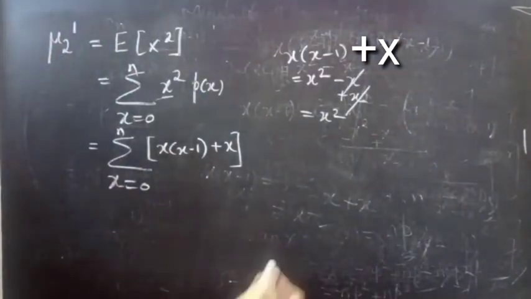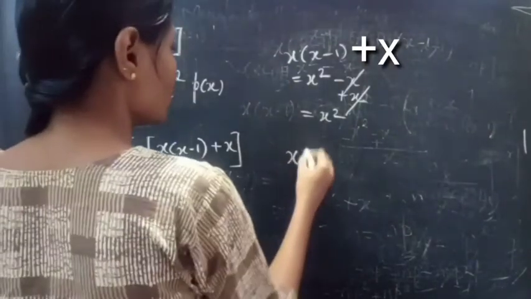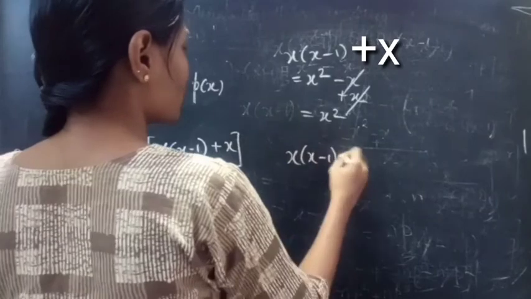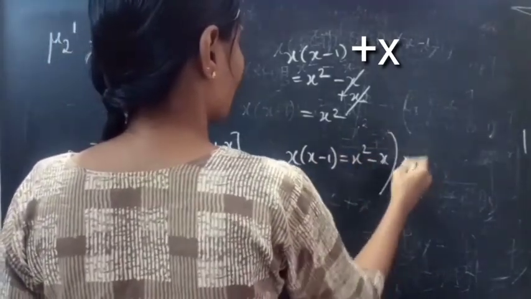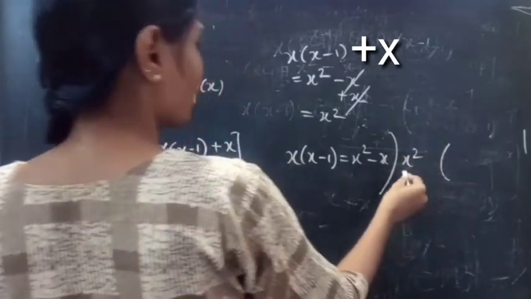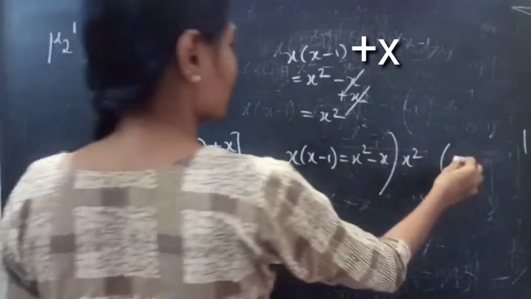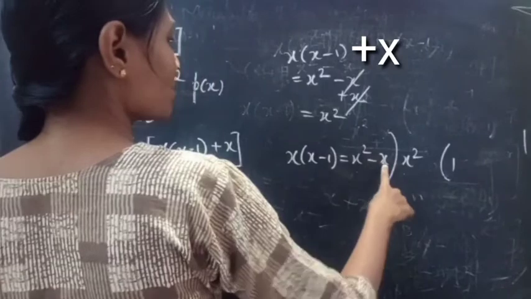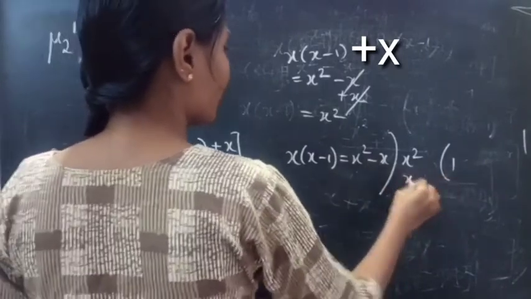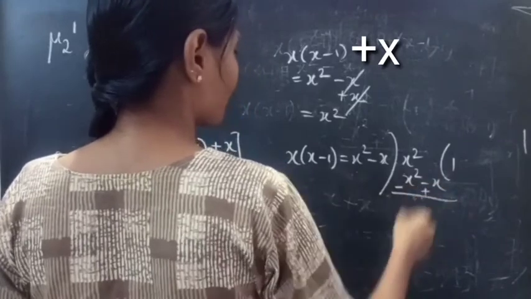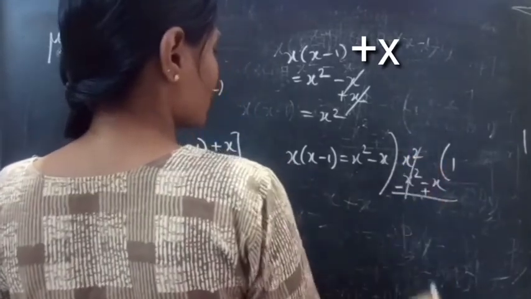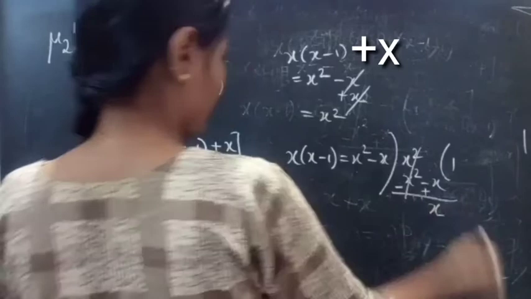Or else you can see the division. x into x minus 1 is x square minus x. If you divide x square by x square minus x, change the signs, x square minus x square gets cancelled and finally you get x.